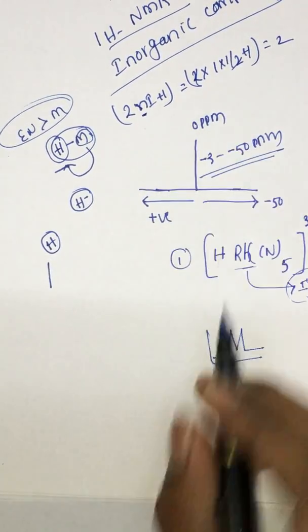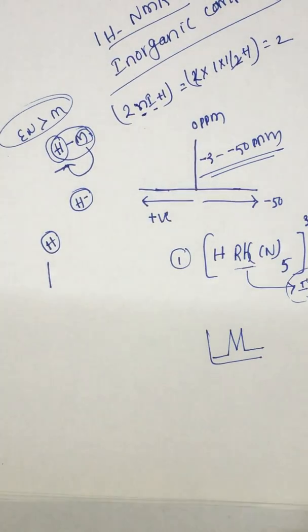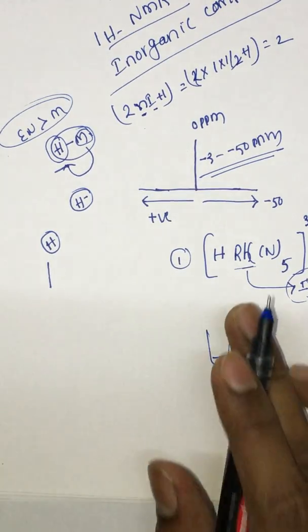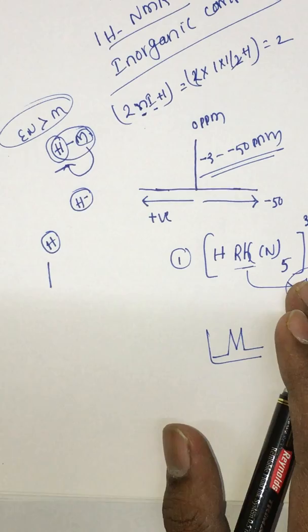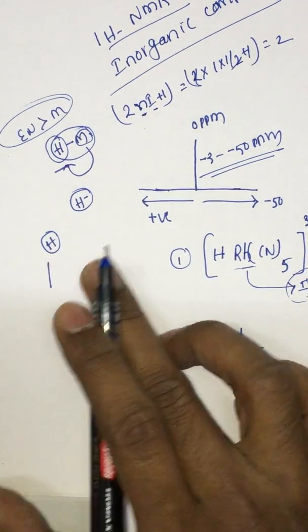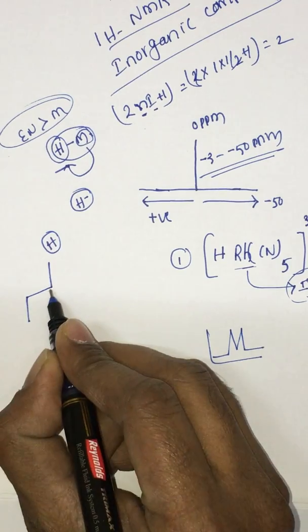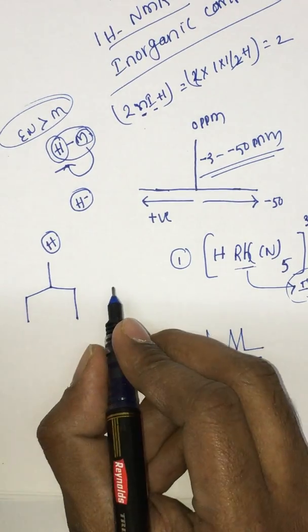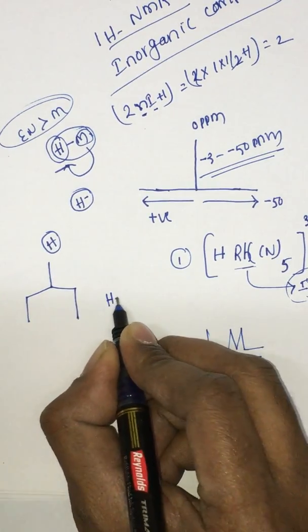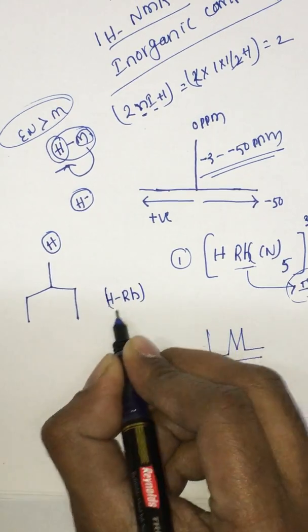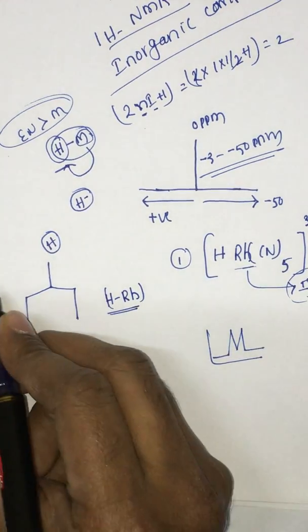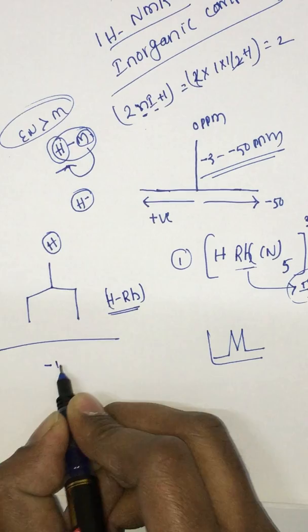Here N means the number of nuclei and I is the spin number. We have only one rhodium with spin 1/2, so this hydrogen couples with rhodium and gives a doublet. This is because of the hydrogen-rhodium coupling. Imagine this is TMS at 0; this peak we get at minus 10 ppm.